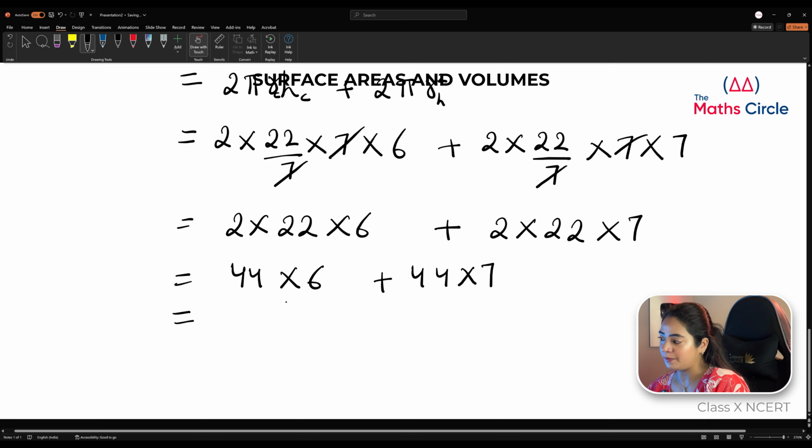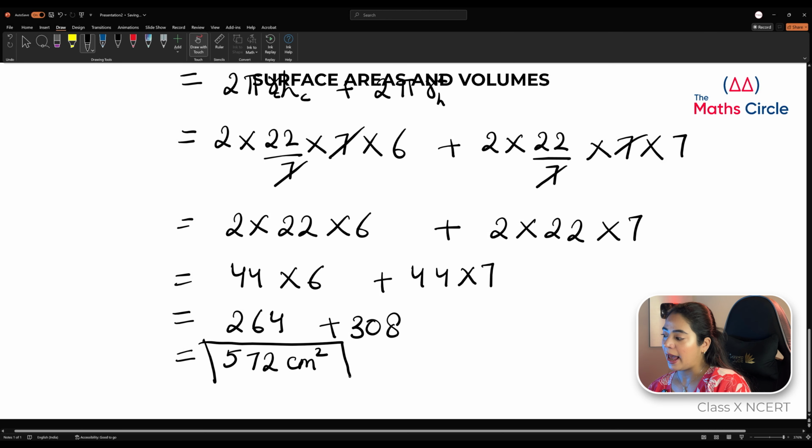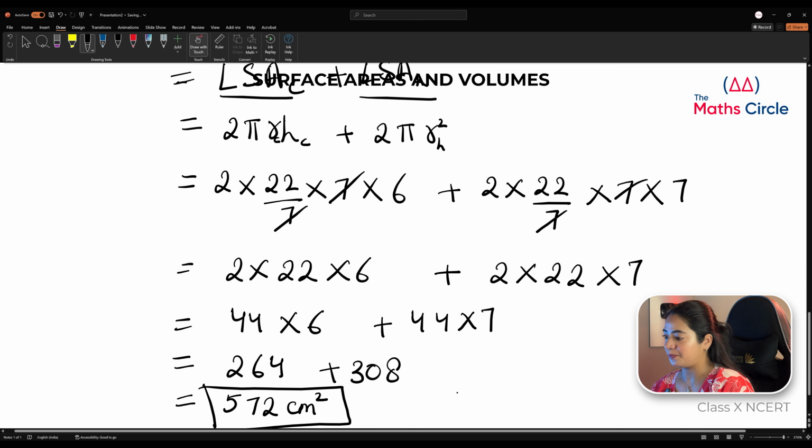Multiplying it, we get 6 fours are 24, 2 in my mind, 6 fours are 24 and 2, 26, plus 7 fours are 28, 2 in my mind again, 7 fours are 28 and 2, 30. The complete value will be 572. As this is an area, the unit becomes centimeter square. And this is the final answer of the question.